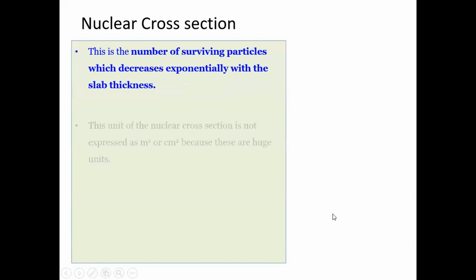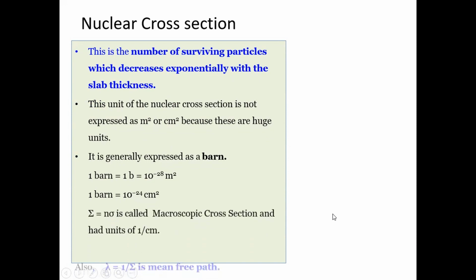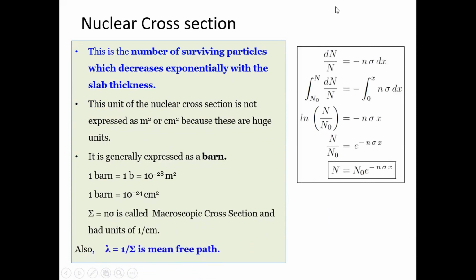So the cross-section. Let's see a bit of mathematics. dn over n equals minus n times sigma times dx.